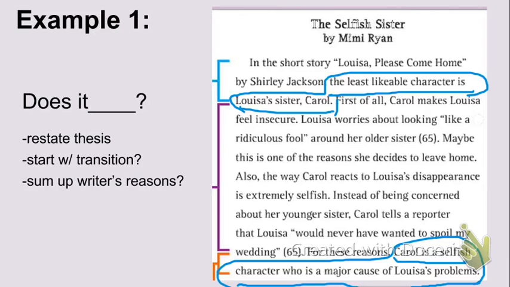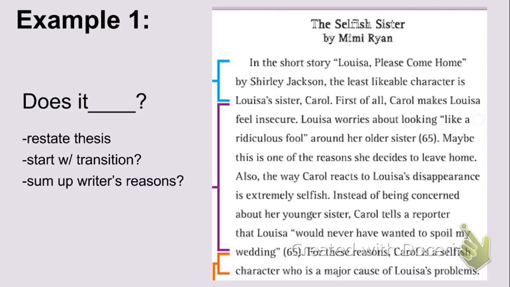Carol is a selfish character is very similar to she is the least likable character. They both are connected, so they work interchangeably. And she gives a little bit more information during the conclusion by saying she's also a major cause of Louisa's problems. So this works. Our thesis statement is restated.